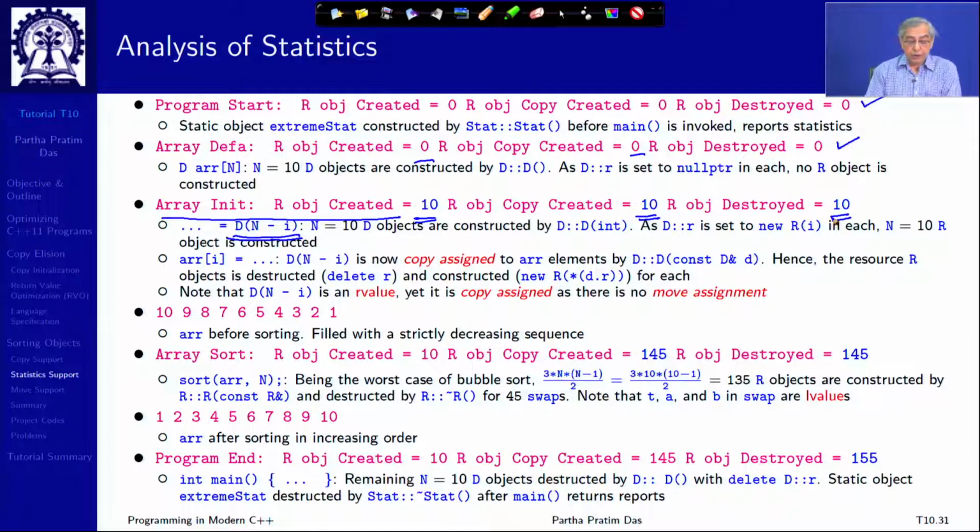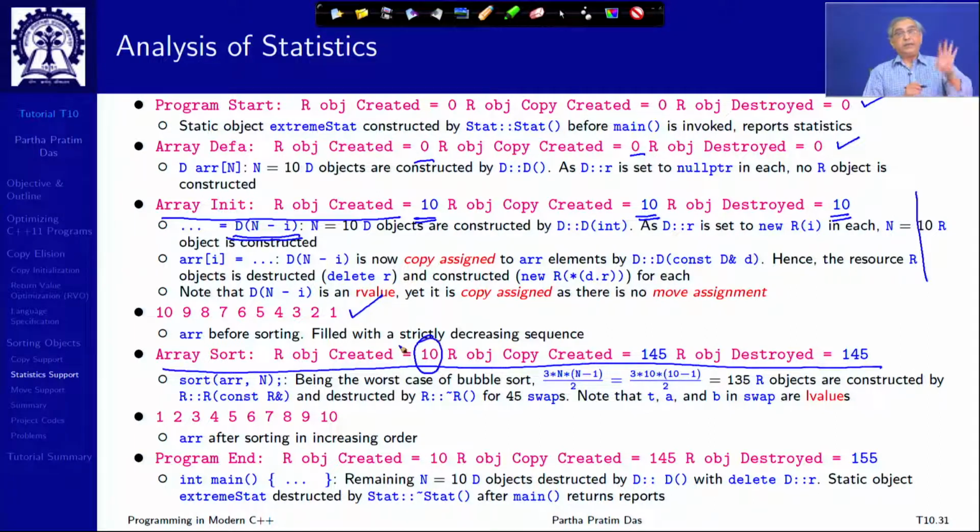Then I have the sort, and in sort you can see that creation still remains 10, but I have 145 copies created instead of 10. So, 135 more copies have been created, because of the swap, and those are created and destroyed.